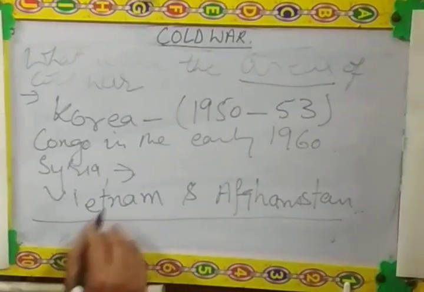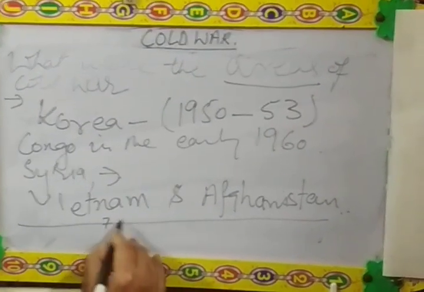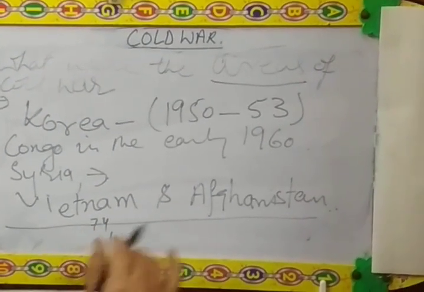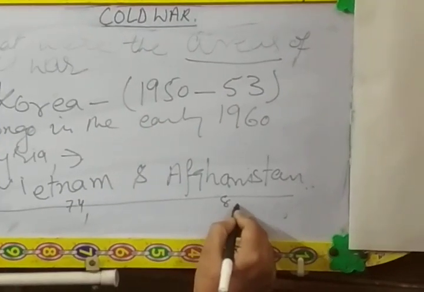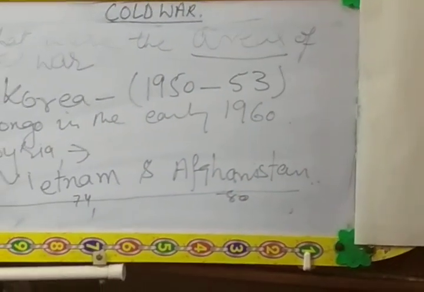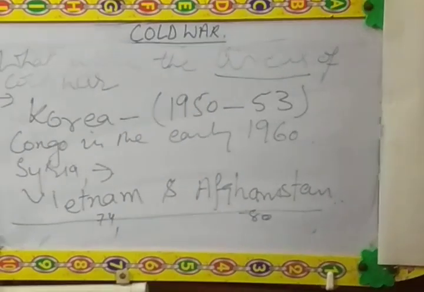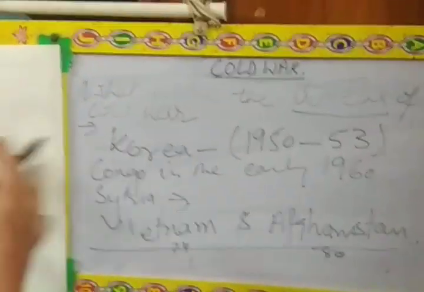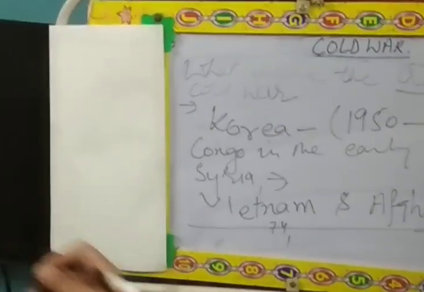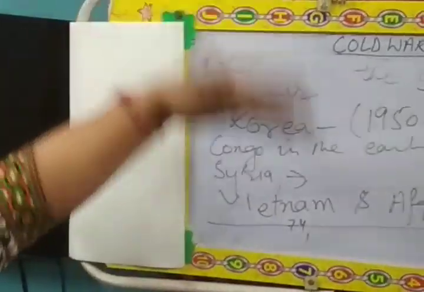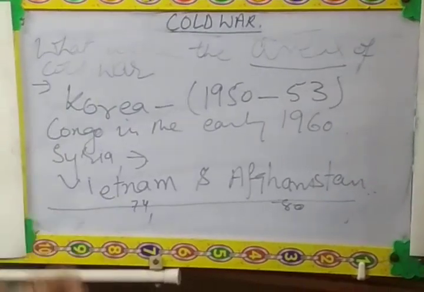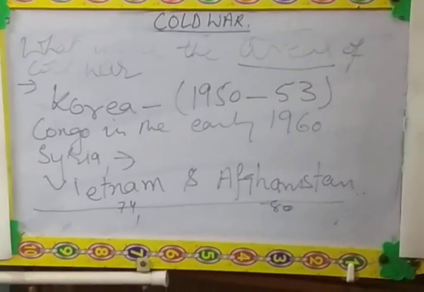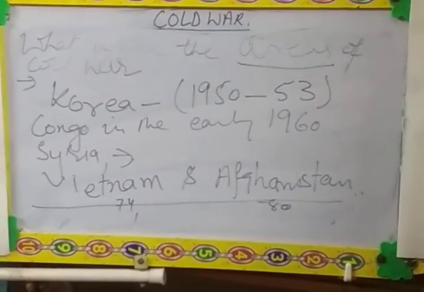We had seen Vietnam fighting from the 70s, and the Afghanistan war which took place from the 80s. So in the 60s, 70s, 80s, there were wars, but such wars were all localized wars.